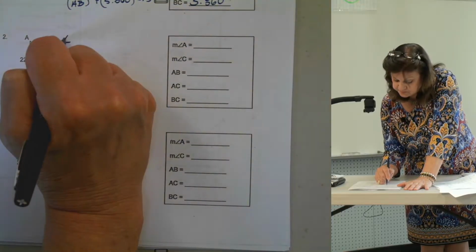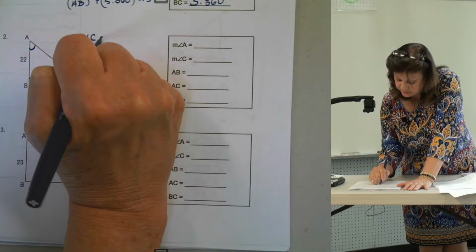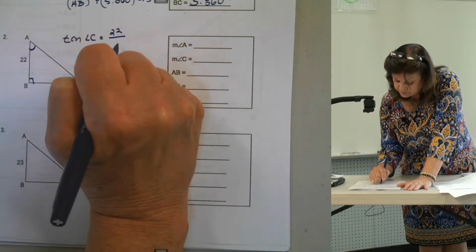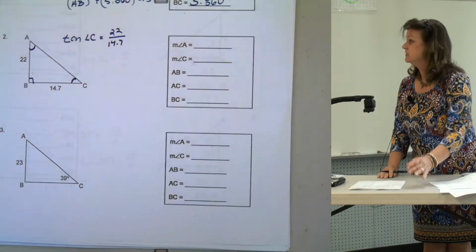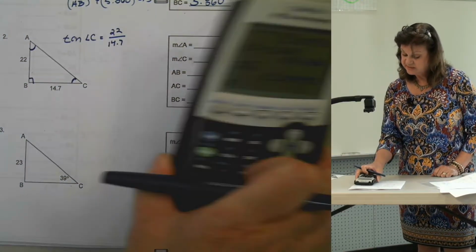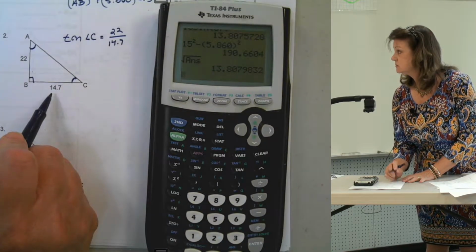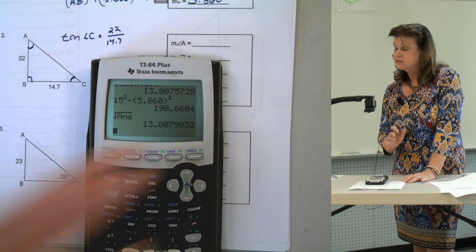So the tangent of some angle, angle C, is opposite over adjacent. So now again, remember, this is a tan inverse problem.